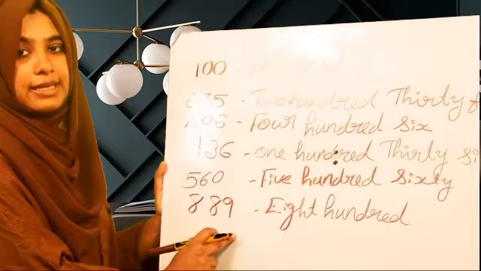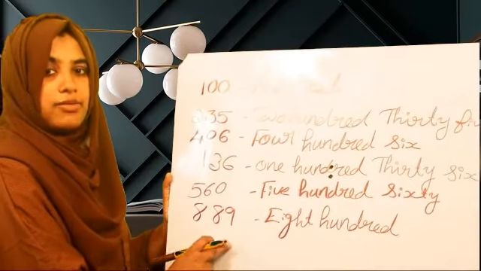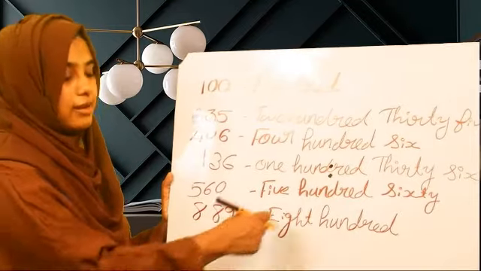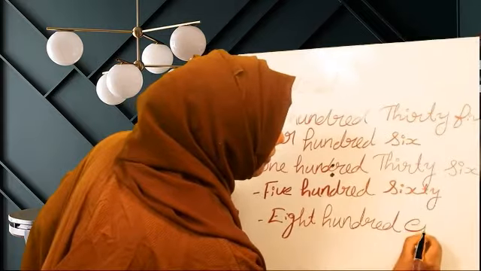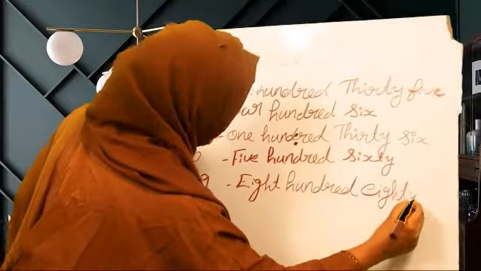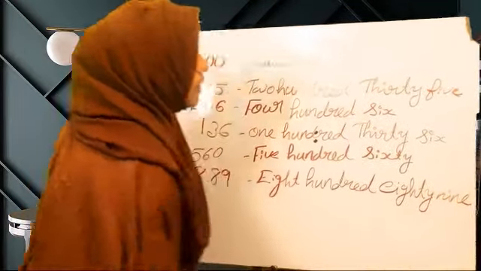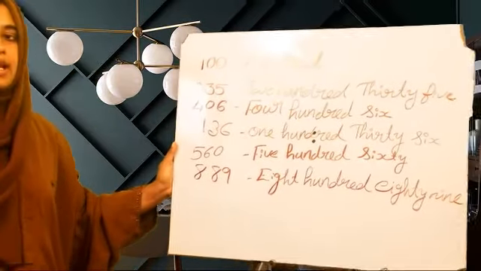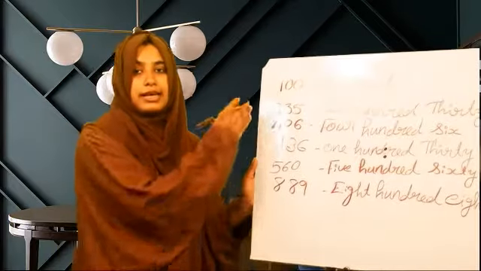Then 8 tens and 9 ones, how do we read it? 89. We already studied the spelling of 89: E-I-G-H-T-Y N-I-N-E. So we write 889 in this way.